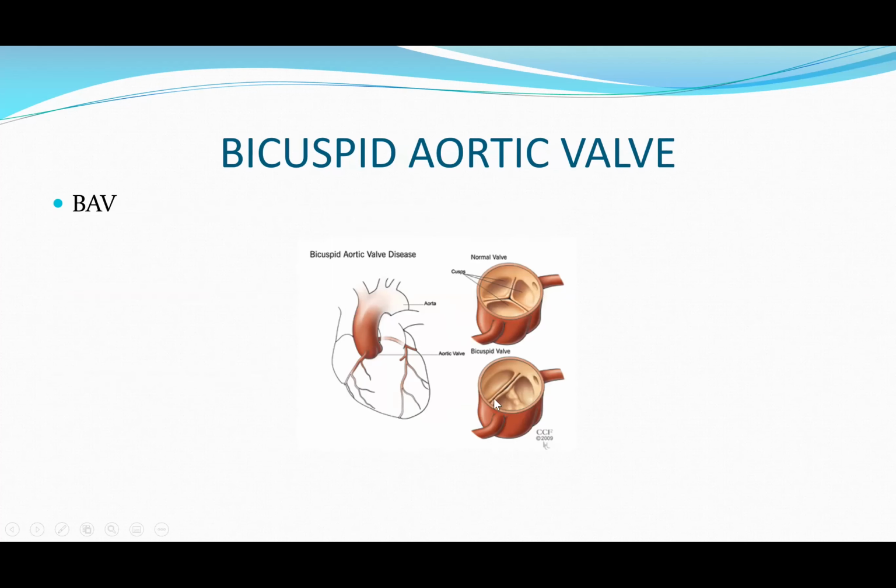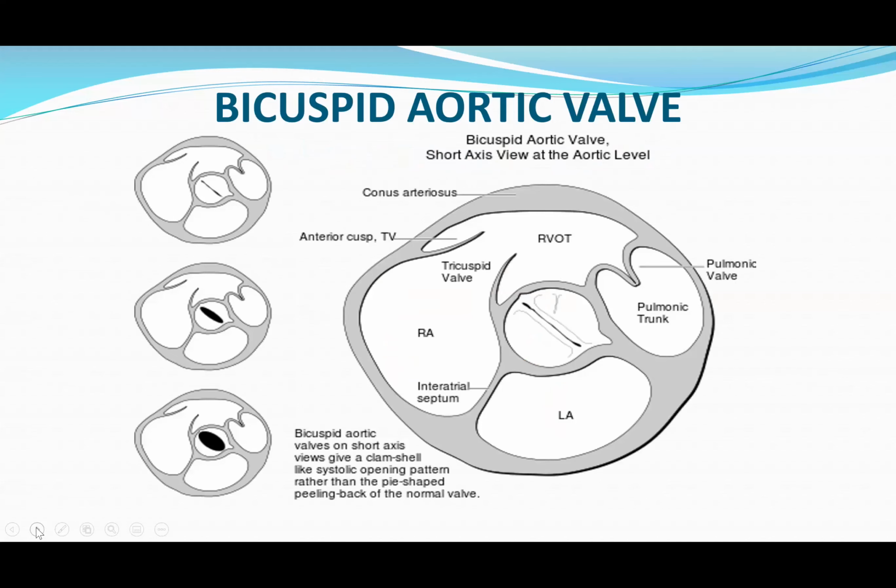It can also be quadricuspid. I've seen about 4 or 5 cases of quadricuspid aortic valve, and it also can be unicuspid, just a single leaflet. They are all abnormal. A normal valve has 3 leaflets.